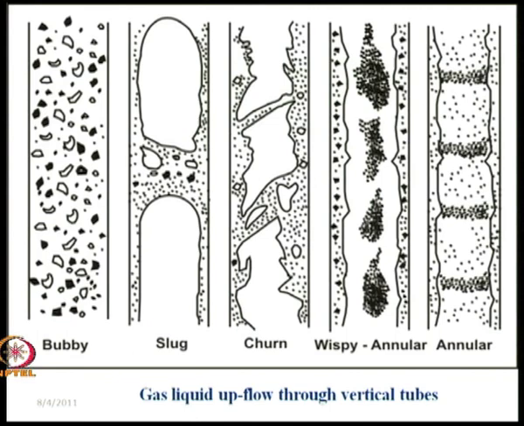So, that very nice periodic flow phenomenon disappears altogether, and what we get is a totally chaotic and random flow phenomenon, where we find that there are irregular chunks of gases and irregular masses of liquids flowing up and down in a totally chaotic and random manner, and you cannot predict the distribution like that. It is simply a chaotic and random distribution, and that is termed as the churn flow pattern.